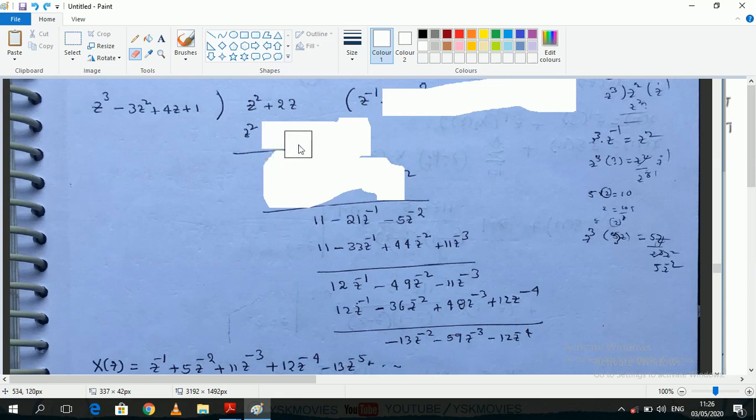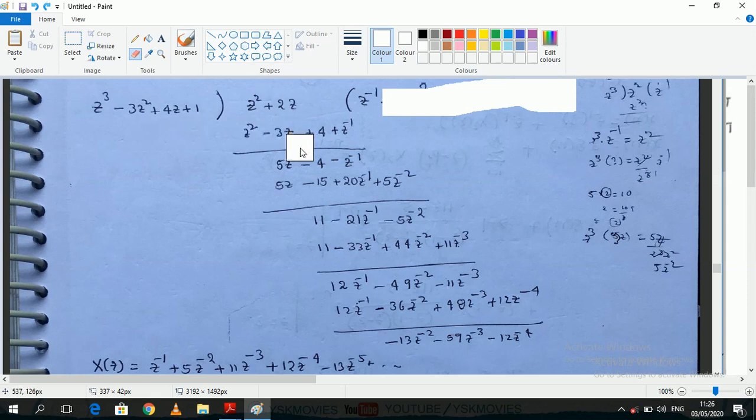After that you have to multiply this entire sequence with z power minus 1. So minus 3 z square into z power minus 1 is nothing but 3 z. Then plus 4 z into z power minus 1 is nothing but 4, and plus 1 into z power minus 1 is nothing but z power minus 1.